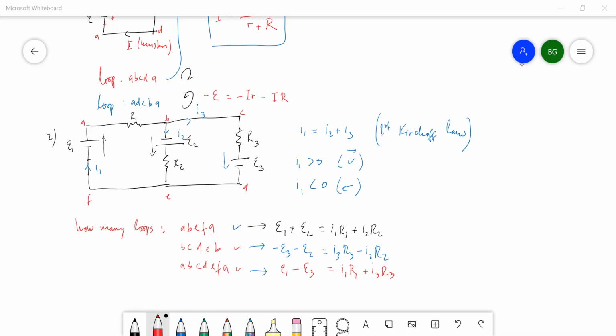Anything else? Okay, if you have Halliday Resnick, you can read or open page number 714 about parallel resistance in a parallel circuit.